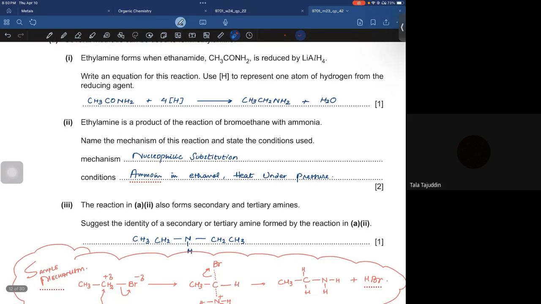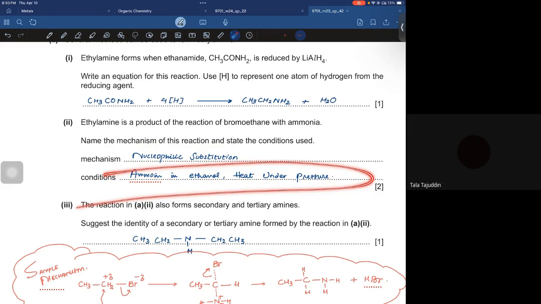Ethylamine is a product of the reaction of bromoethane with ammonia. It's a nucleophilic substitution reaction where the bromine would be replaced by ammonia. Name the mechanism of this reaction and state the conditions used. This is nucleophilic substitution. Condition: ammonia in ethanol.